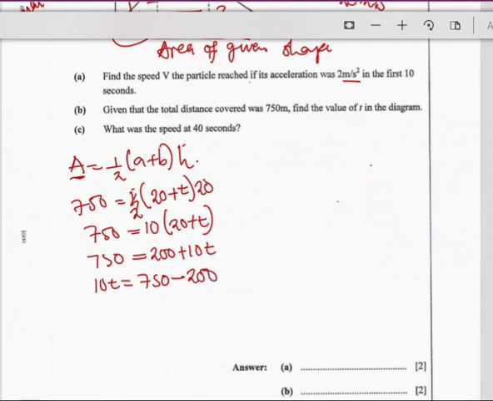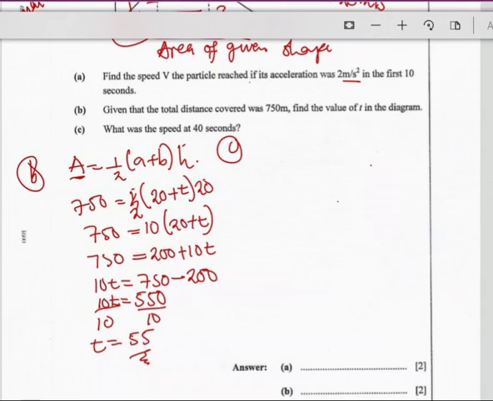So 10t will be equal to 550. Divide by 10 on both sides, so t therefore equals 55. That is the answer for our B.